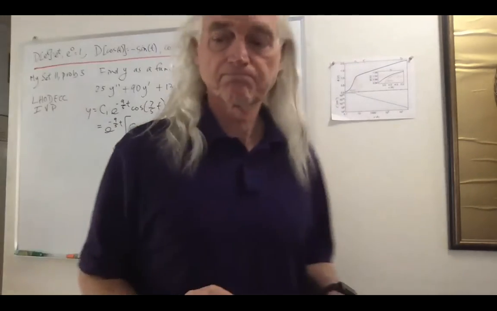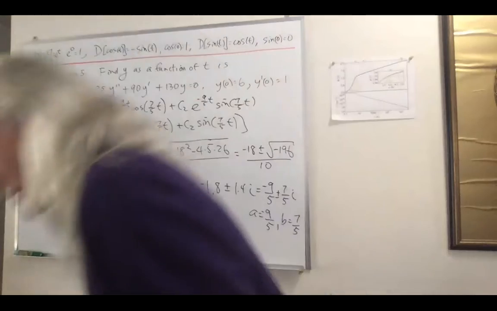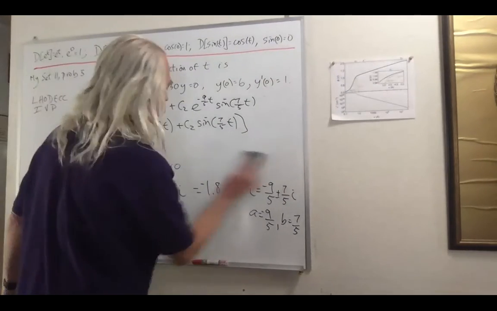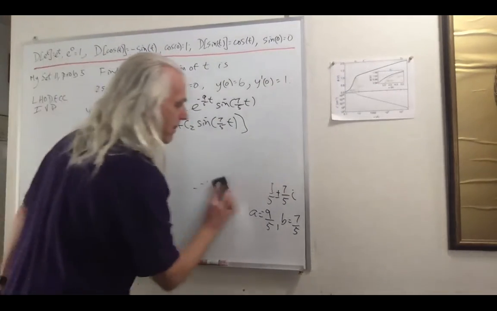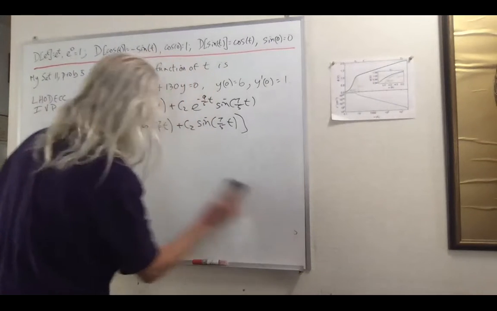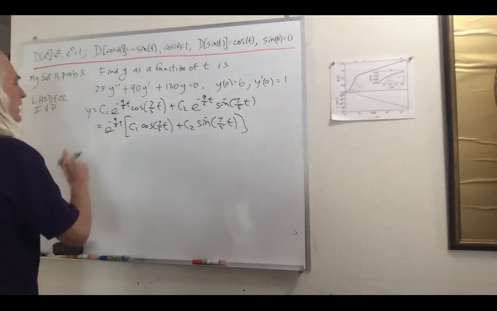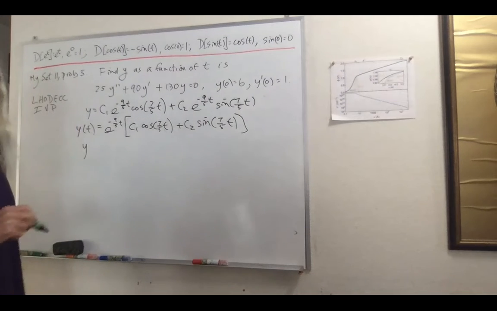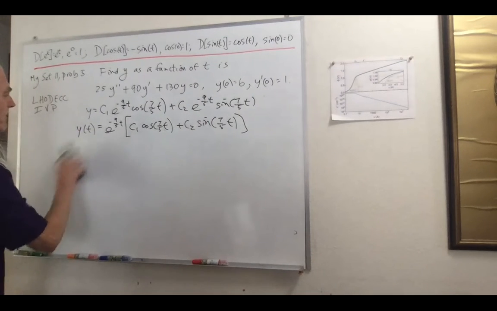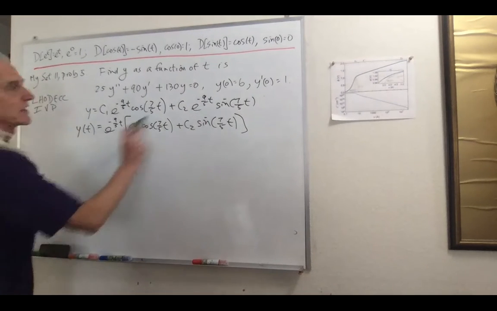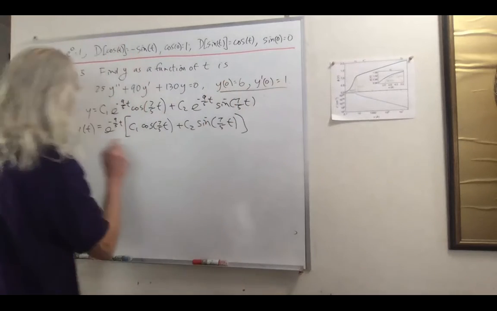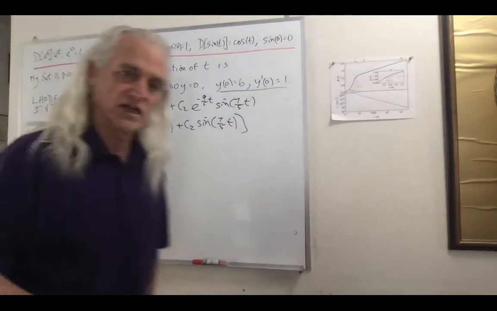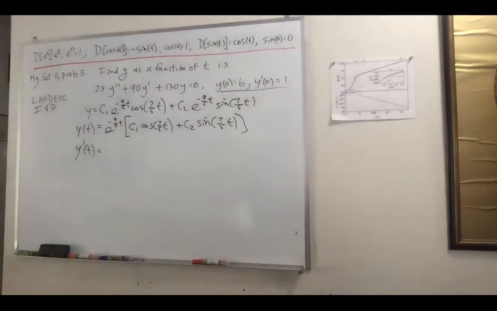All right. Let's remember this is really y of t, and that's going to be useful when I plug in y of 0. But let's first compute y prime of t. I have to differentiate the function of t.